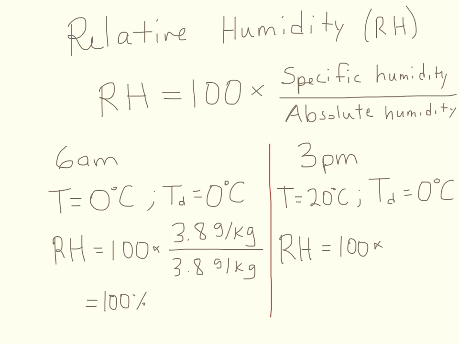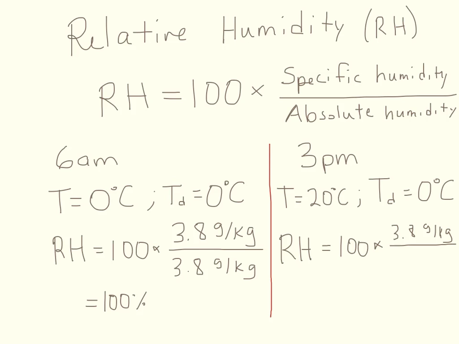We know that the specific humidity of the atmosphere is still what it was in the morning, so that's still 3.8 grams per kilogram. And the absolute humidity now, once we move into the afternoon hours, the air warms up, and as the air warms up, it can hold appreciably more water vapor.